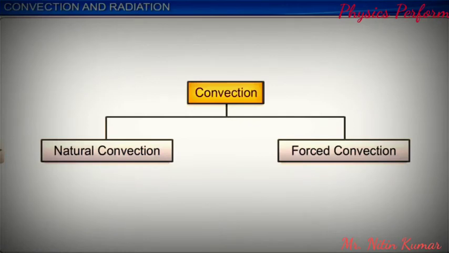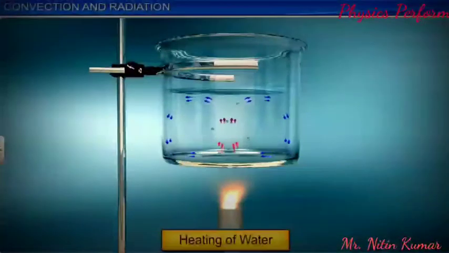Thermal convection can be natural or forced. If the convection is caused by difference in density due to thermal expansion, then it is called natural convection. The heating of water is an example of natural convection.